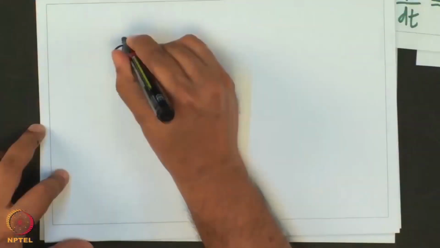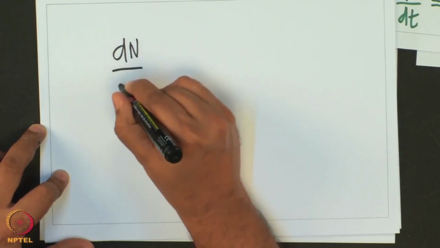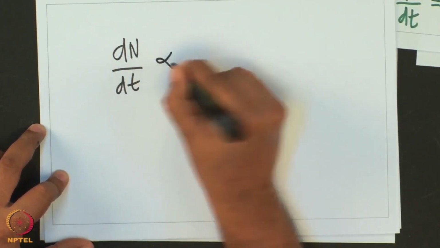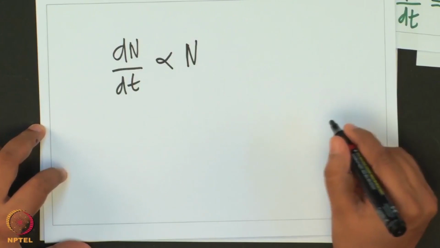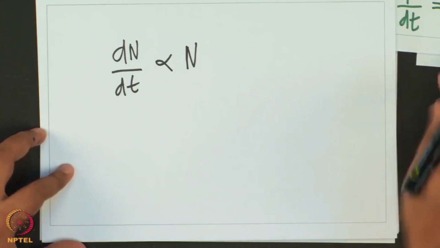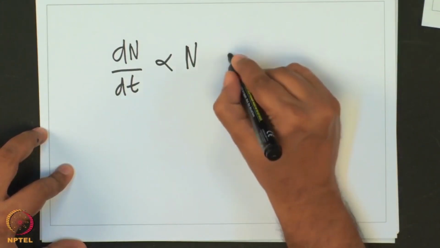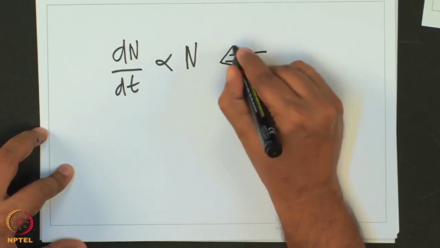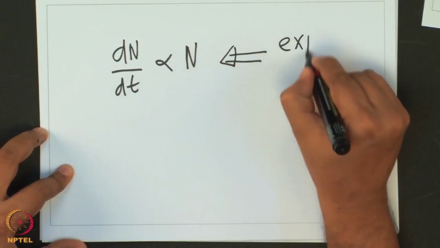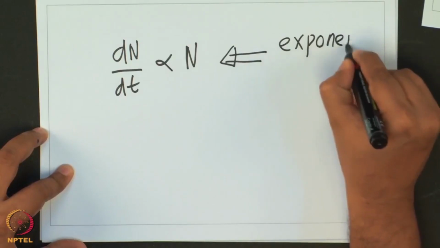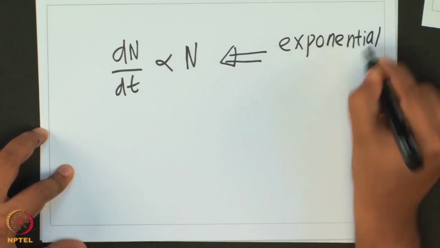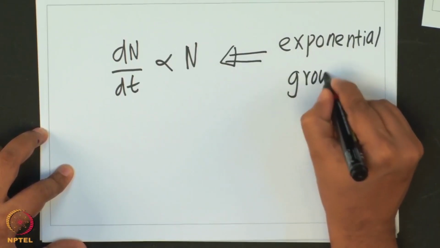So if we understand this fact, then dn by dt or delta n by delta t would be proportional to the number itself. So always in exponential growth, whenever we call it exponential growth, this phenomenon will always happen. This is a fundamental of exponential growth.